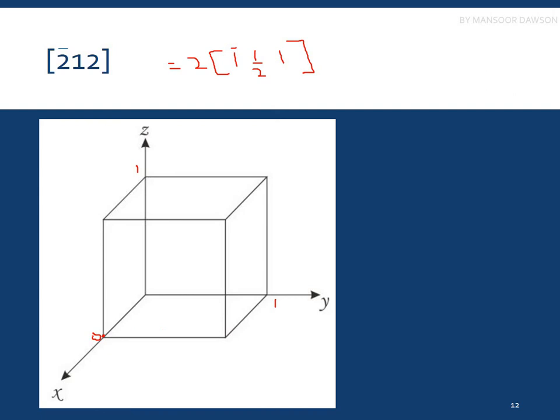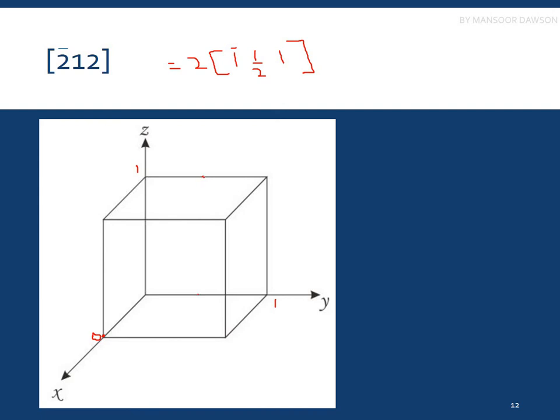We'll be going in the inverted direction in the x direction. So this would be our -1 in the x, then we'll be going half towards y. As you can see that the y index is half, so we'll be here somewhere in the middle. Again, -1 in the x direction, half in the y direction, and then 1 in the z direction.